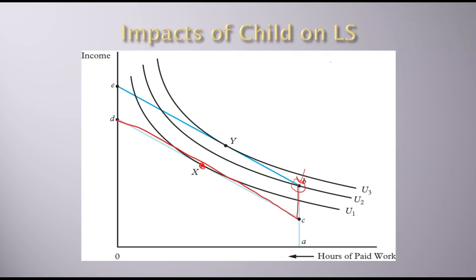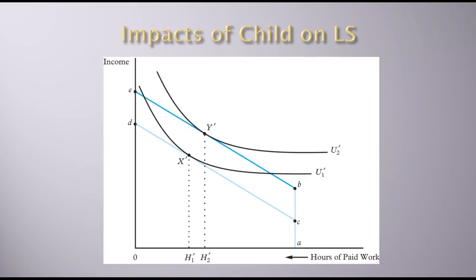And so their labor is going to equal 0. But if that becomes fully subsidized, now they are encouraged to actually enter the workforce, and then we'll get to this point, Y here. But what happens if they are already working? Well, if they're already working, that's where we're going to see this effect here, where you have that pure income effect in general. And so they're going to go from X prime to Y prime. So they're going to spend less time working.